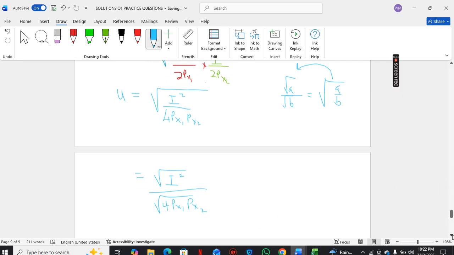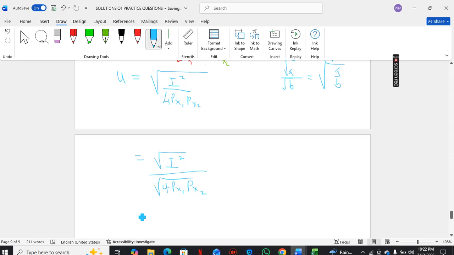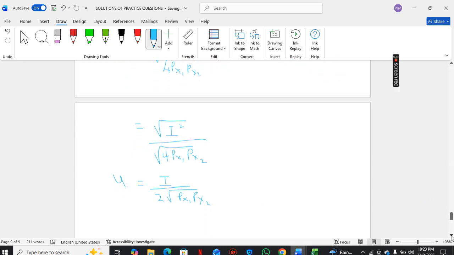The square root of I squared is I. The square root of 4 is 2. So you have 2 square root of px1 px2. Okay. So this is our indirect utility function, which is telling us the maximum satisfaction we can get.